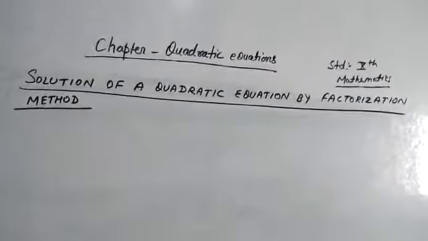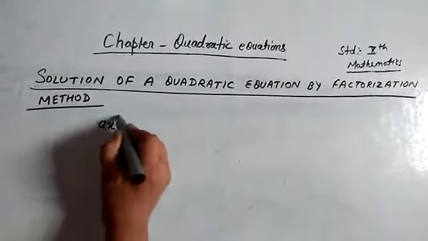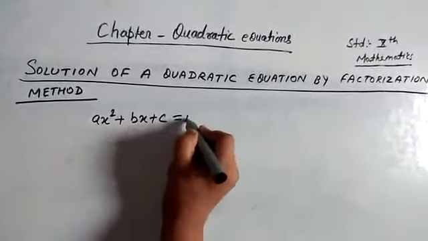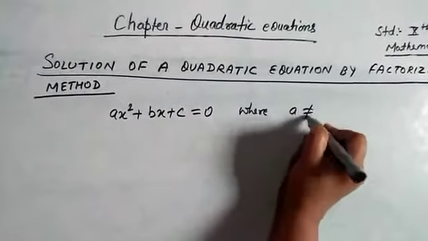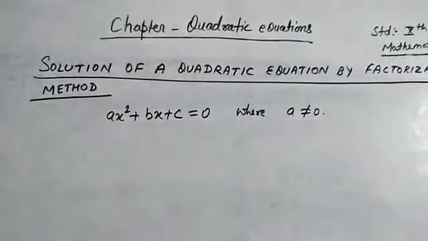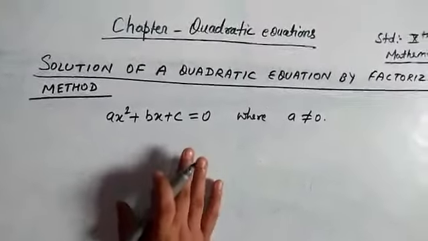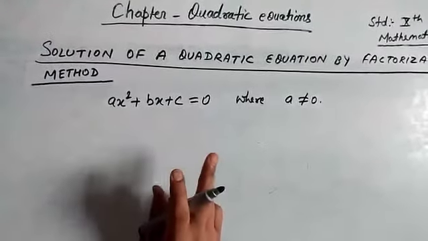See, as we know, a quadratic polynomial is always in the form ax square plus bx plus c equals 0, where a is not equal to 0. Since it is a quadratic polynomial, it always has two factors.